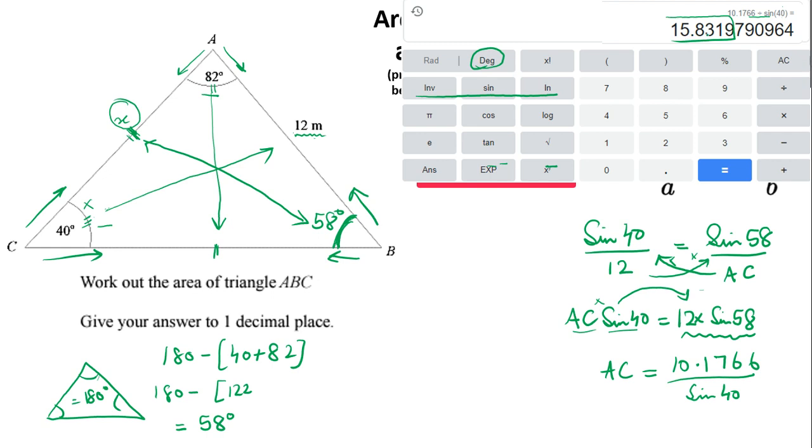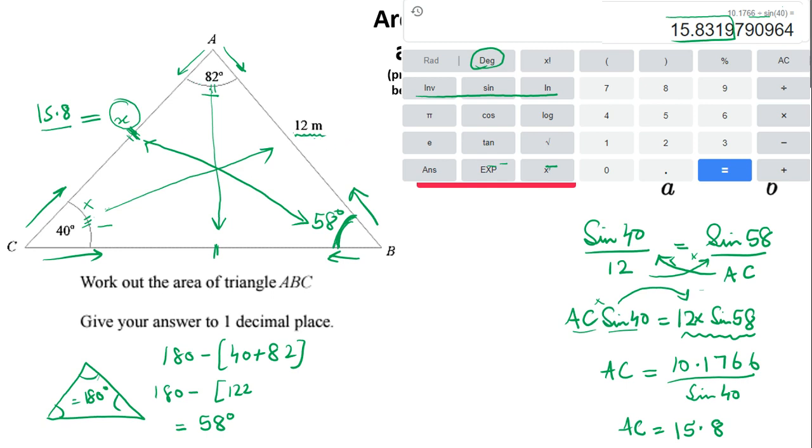That gives me 15.839, and so on. So I'm just going to be writing AC equals 15.8. Now, that is my length AC. So this one right here is 15.8 meters.